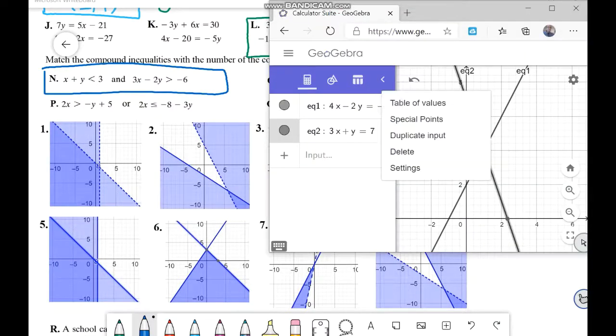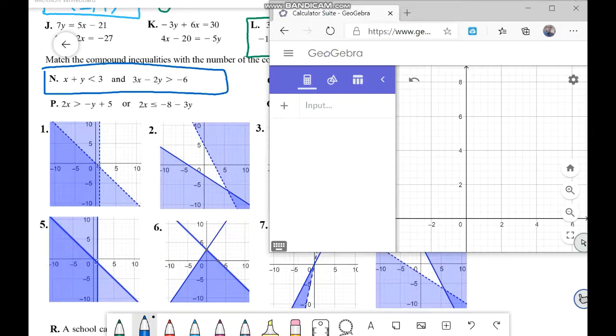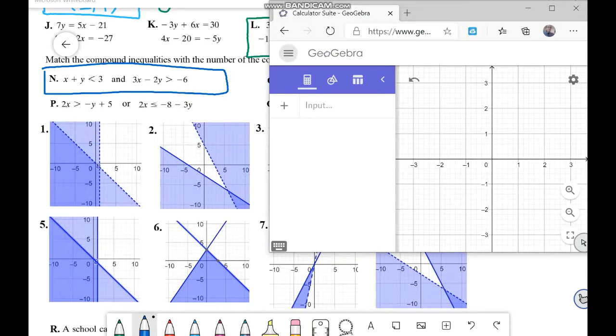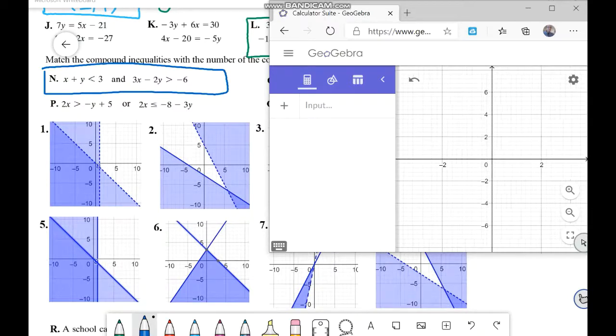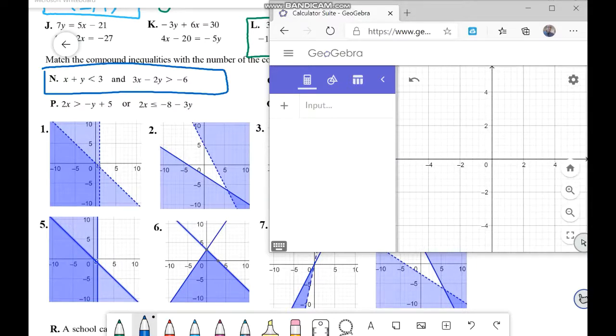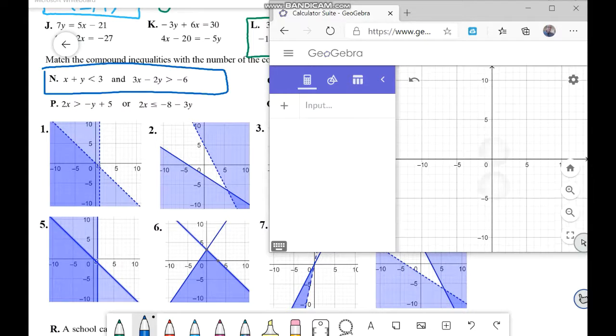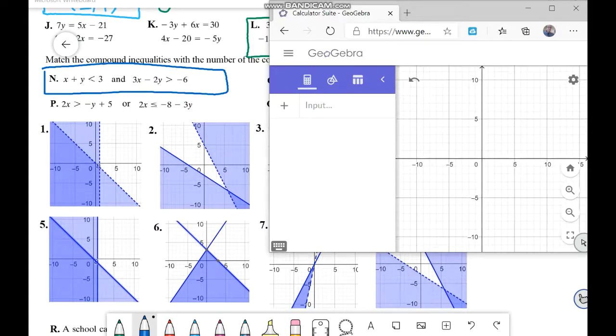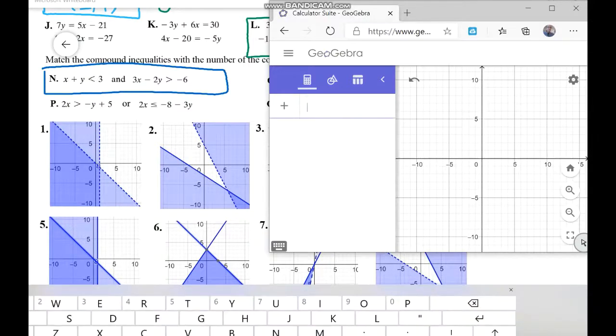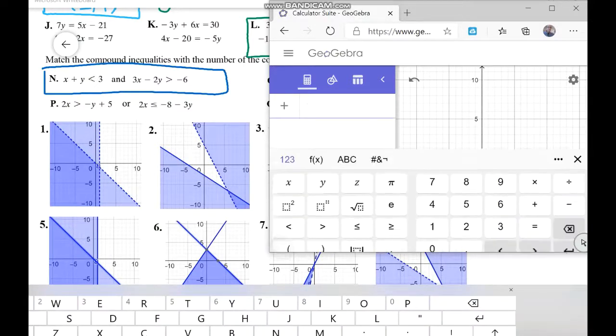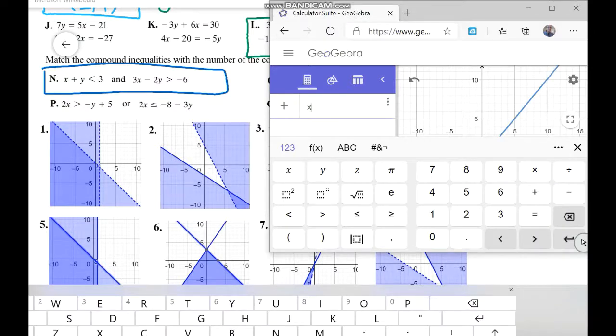I will get the graphing calculator to help me here. Adjust to -10 and 10 for the range so you can compare, and type the inequalities. x plus y less than 3.